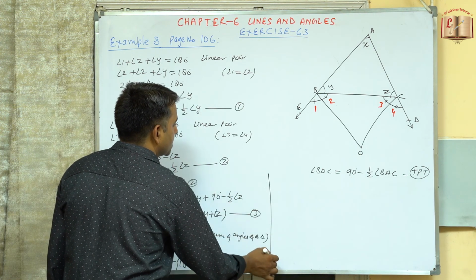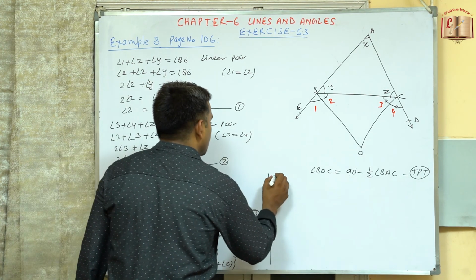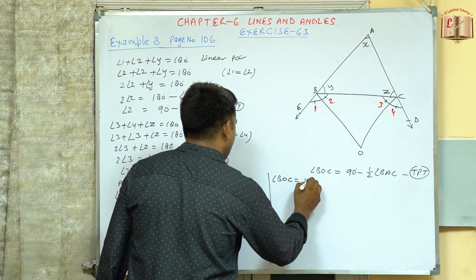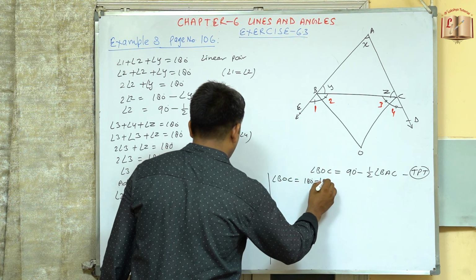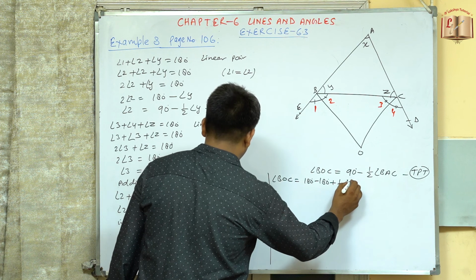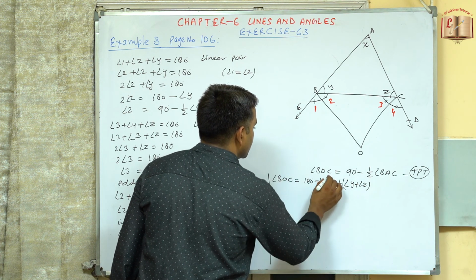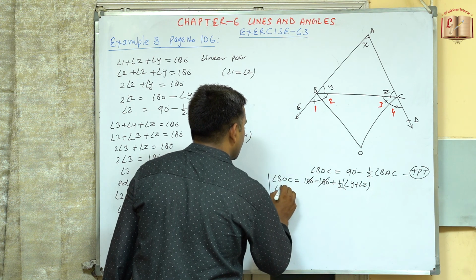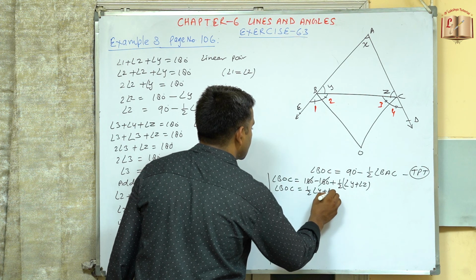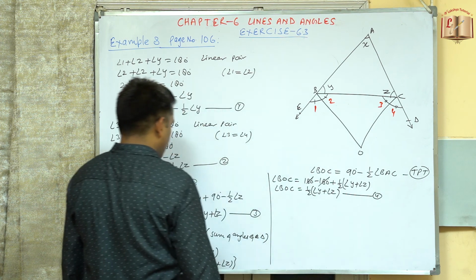Now we will open this bracket. So angle BOC will be equal to 180 degrees minus 180 degrees plus half of angle y plus angle z. The 180 cancels, so angle BOC is equal to half of angle y plus angle z. This is equation number 4.